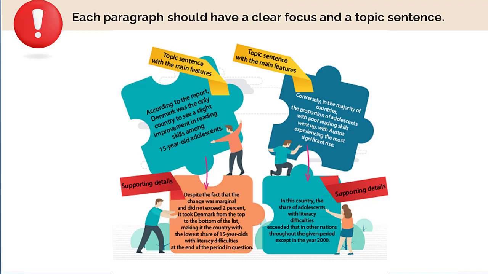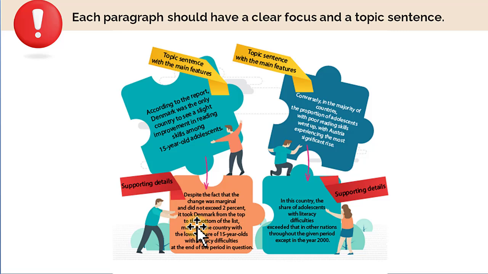So your paragraphs should also be coherent. Previously we talked about coherence of the whole graph description, but within the paragraph there should also be coherence. What it means is that your paragraphs should be logical. They should have a topic sentence with the main features and supporting details that illustrate this feature.